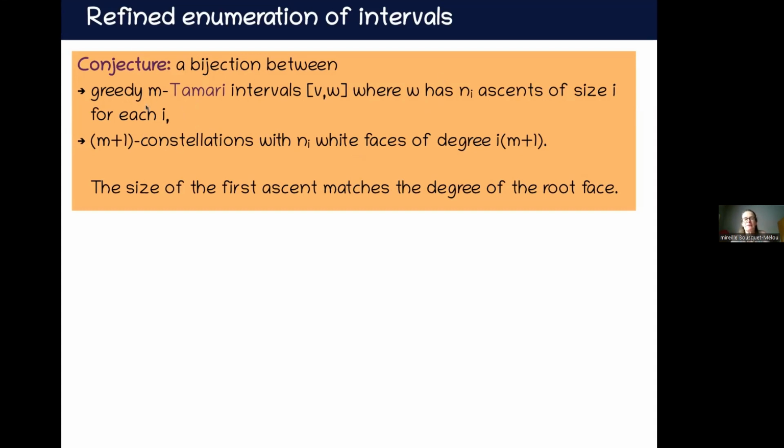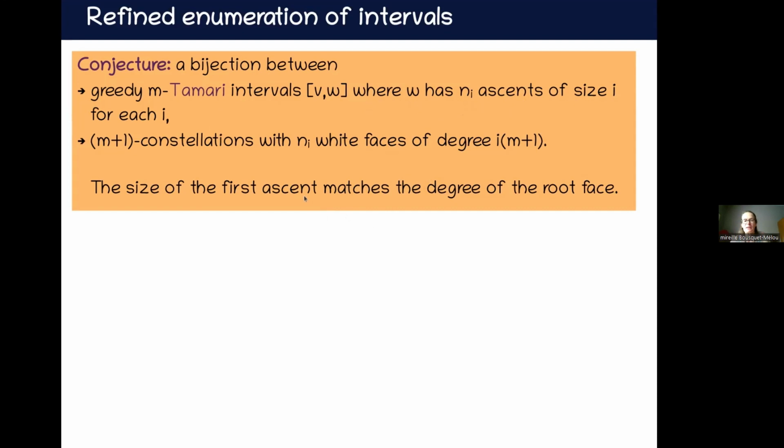It seems that for these greedy intervals, say V, W, the collection of ascent sizes, so the number of ascents of given size in the top path W, is distributed like the collection of degrees of the white faces of the constellations. And in addition, the first ascent should match the degree of the root face. This is very strong, and I have no doubt that this conjecture is true.